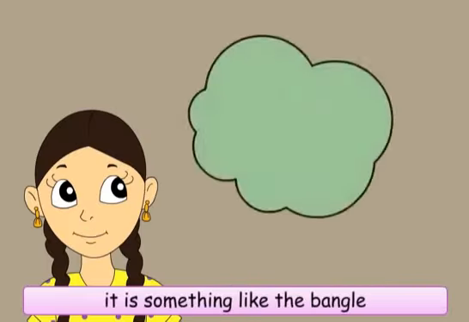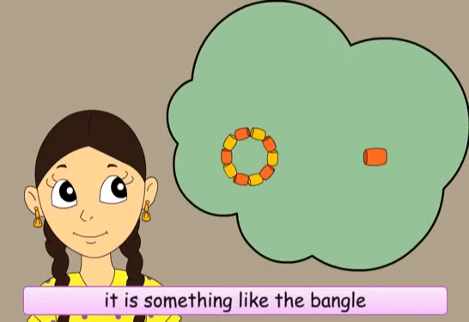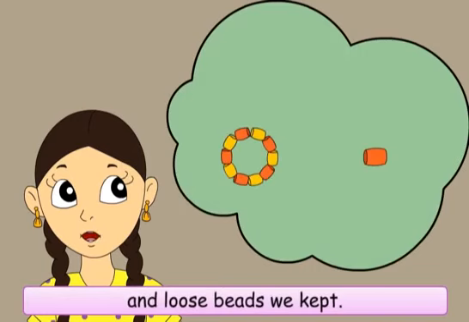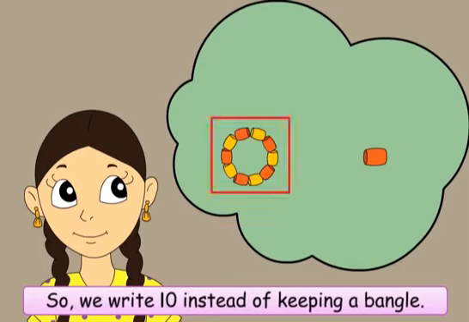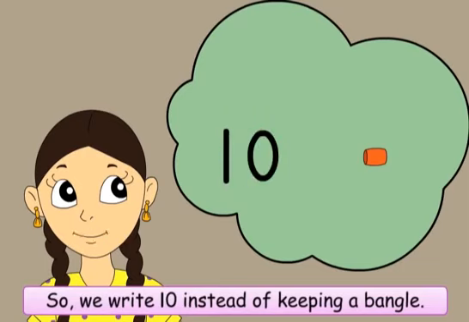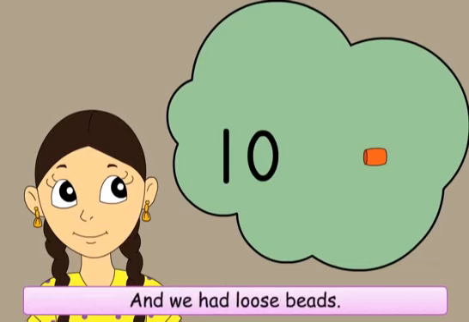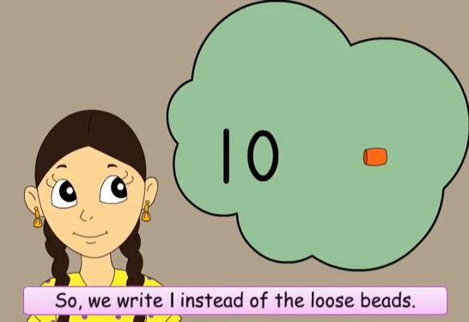Buzz, it is something like the bangle and loose beads we kept. One bangle has 10 beads. So, we write 10 instead of keeping a bangle. And we had loose beads. So, we write 1 instead of the loose beads.